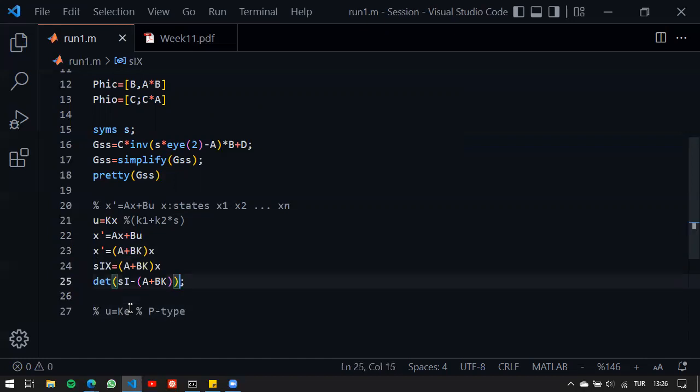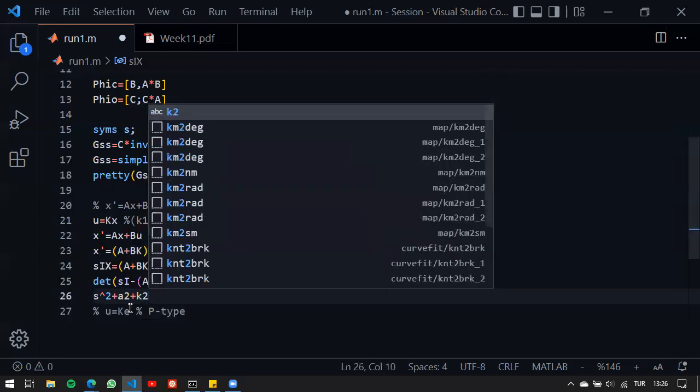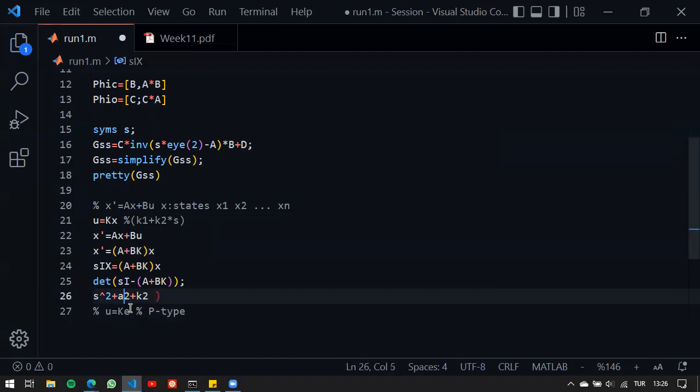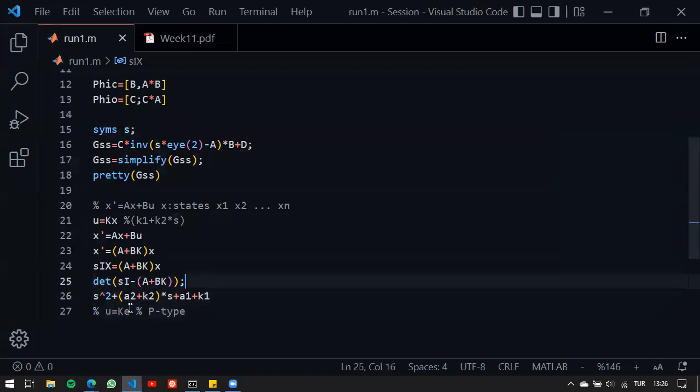And you'll see that this would give you s squared plus (a2 plus k2) times s plus a1 plus k1, something like this.